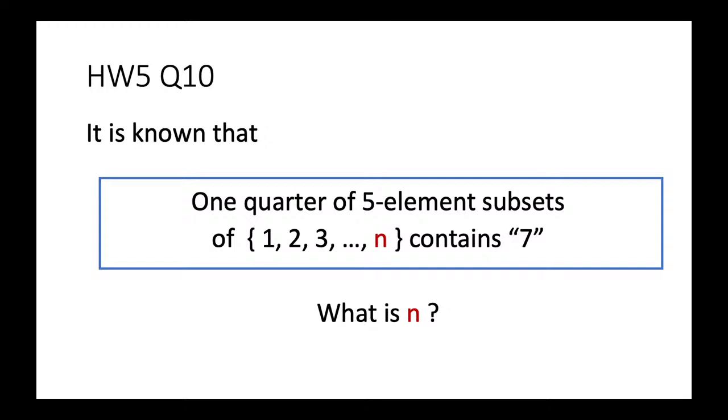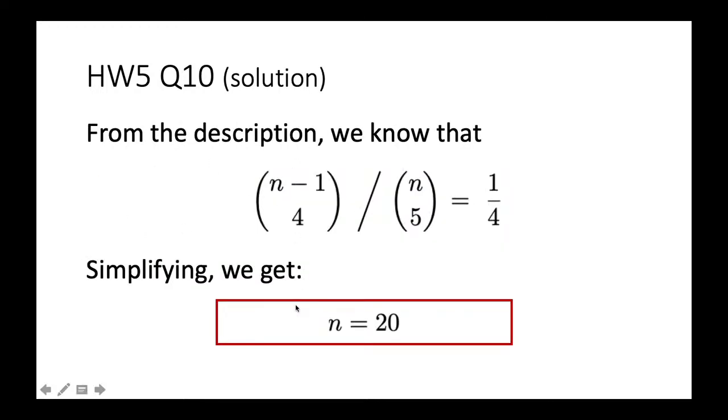So the number of 5 element sets containing 7 can be counted as n-1 choose 4. From the description, we will have n-1 choose 4, divided by n choose 5, equal to 1/4.